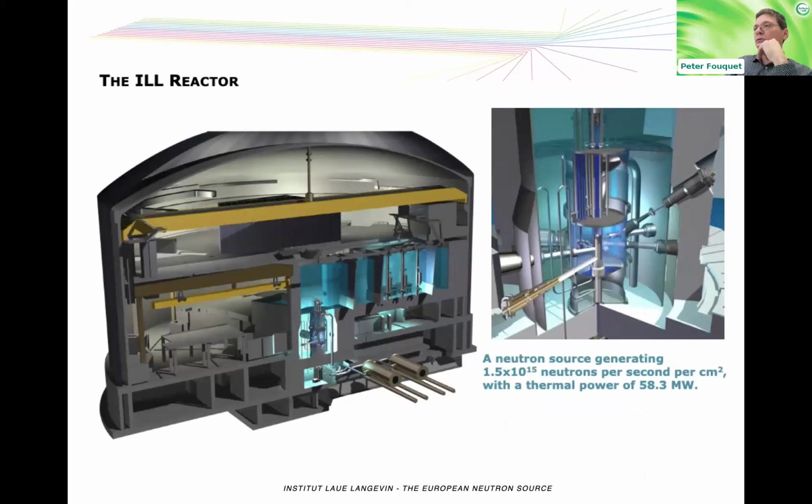Now, we produce the neutrons with a reactor at ILL. And what you can see here is a cut through the reactor building. And in the middle, we have the center of the reactor. That's where we create our neutrons with a nuclear reaction. And they are extracted around the core of the reactor with neutron guides and brought to the instruments.